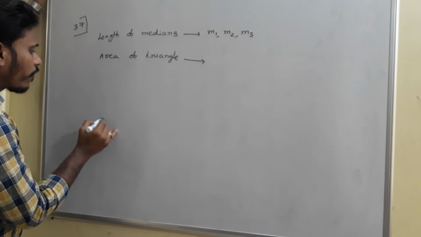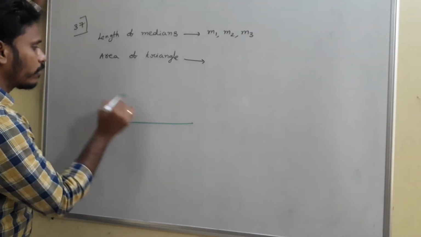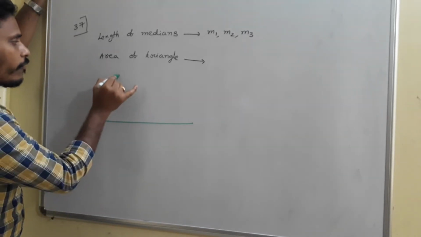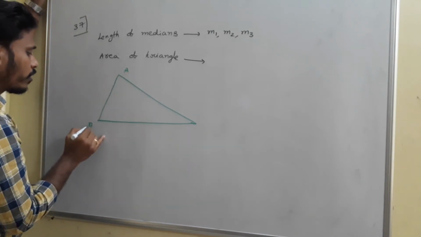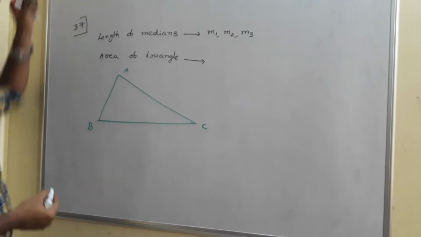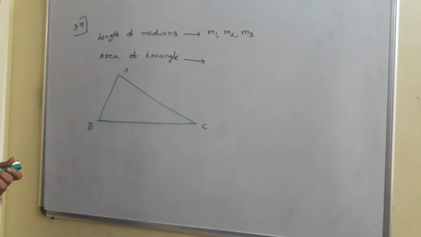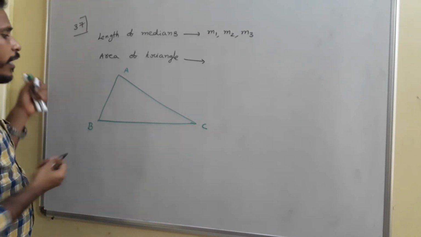Suppose I have a triangle like this. A geometrical concept is involved in this situation. ABC is a triangle, and for this triangle ABC I will construct the medians.